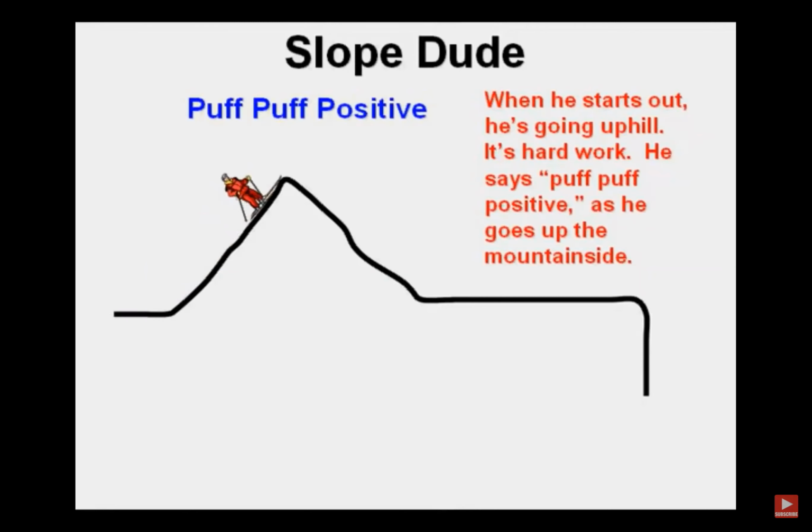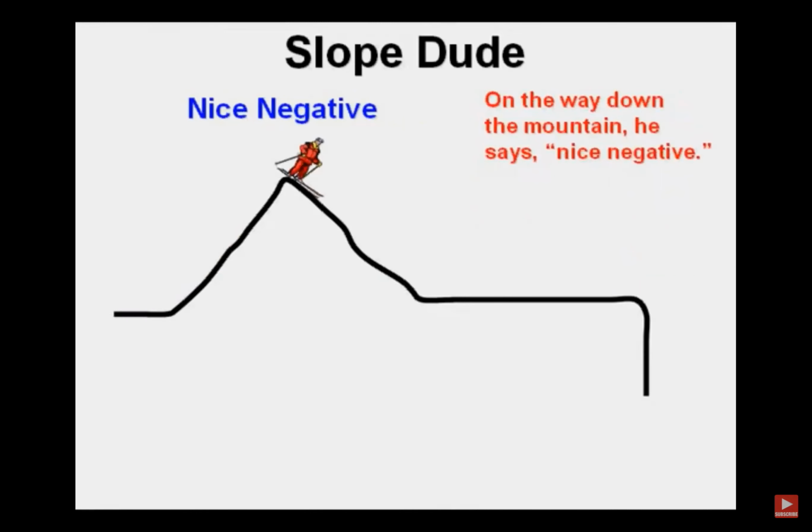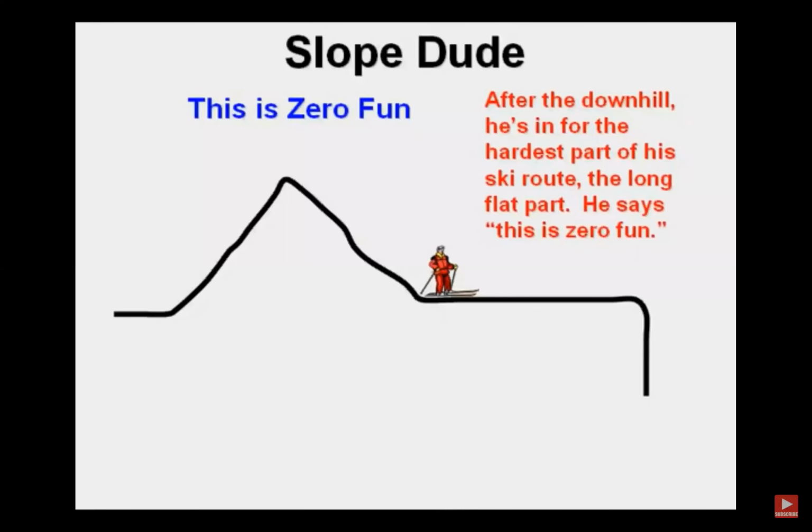Now he's at the top. It was puff, puff, positive all the way up the mountain. but now he can look forward to the downhill. On the way down the mountain, he says, nice, negative, nice, negative. And now after the downhill, he's in for the hardest part of the ski run, the long flat part. He says, this is zero fun. This is zero fun.